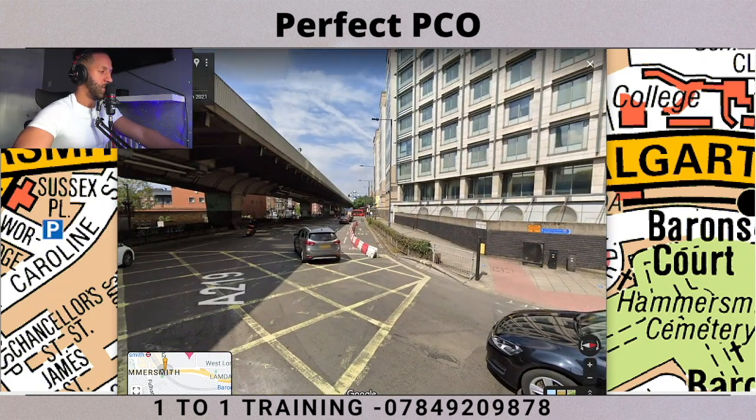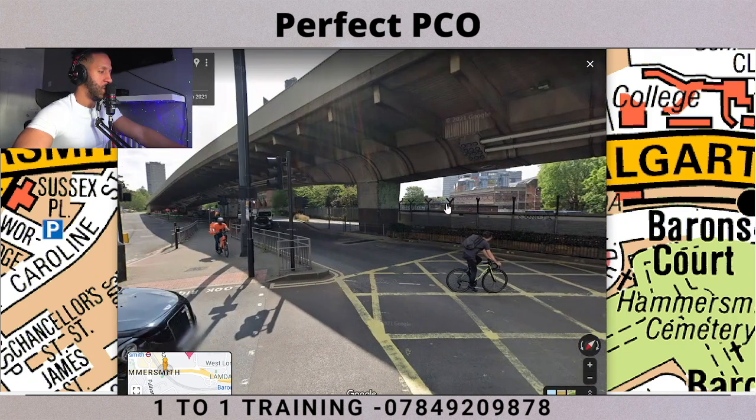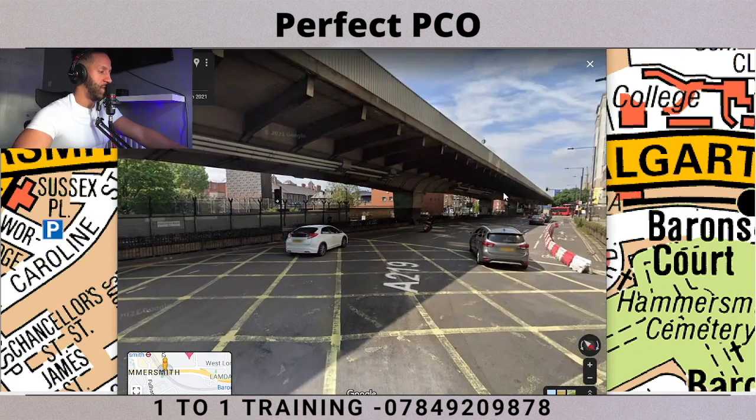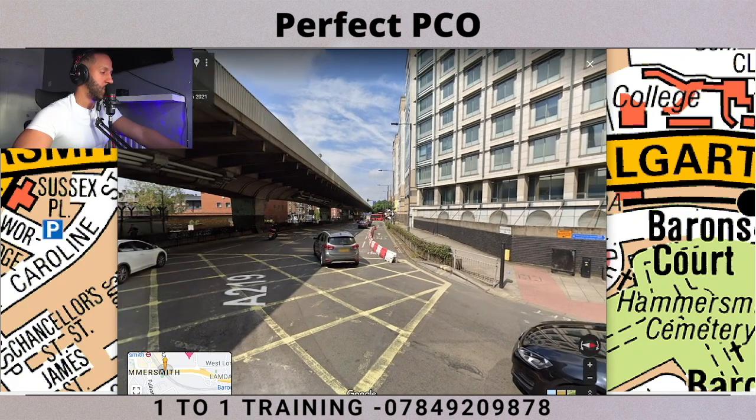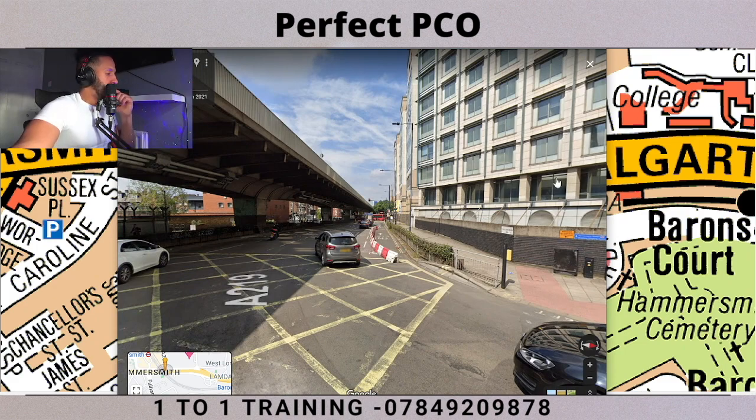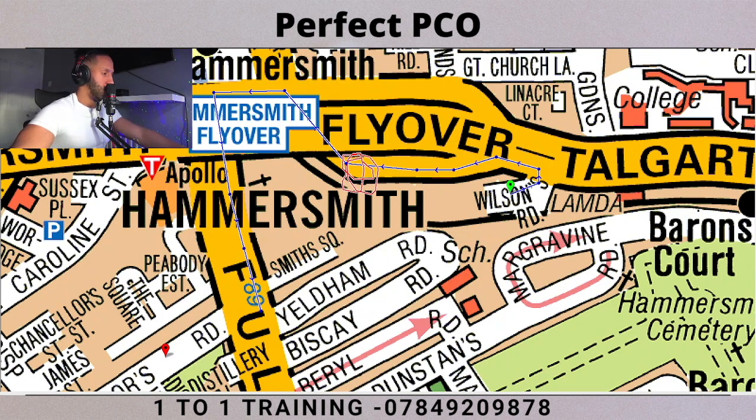Right, we've crossed it. We were over there. We've come underneath. Now we're on the other side of the flyover. So now we're no longer there. Now we're here. Now we've joined the one-way system.